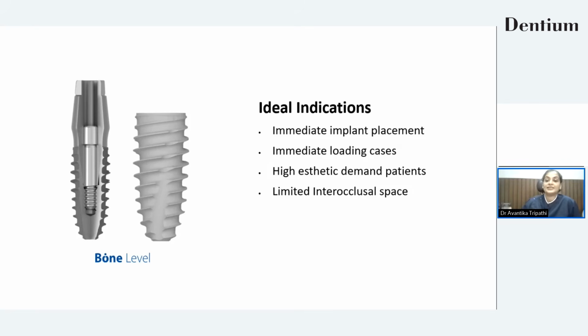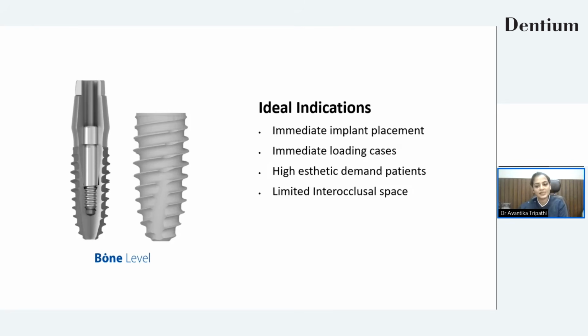In high aesthetic demand patients, like in the anterior region where the bone diameter allows you to place a bone level implant, you should place a bone level, because again the gingival height can be altered in the bone level, whereas it cannot be managed in the tissue level implants.